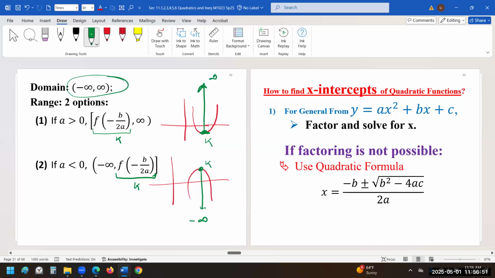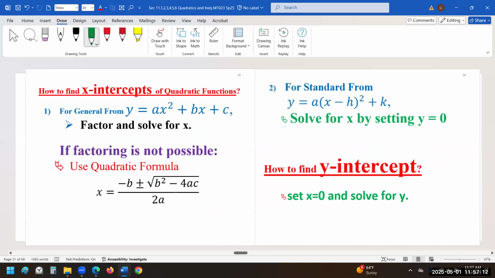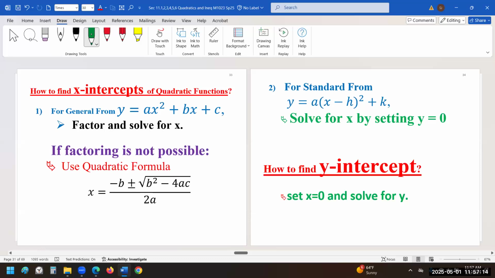Now, how do you find the x-intercept? If your format is general format, you factor and solve if it's factorable. If it's not factorable, you have two choices: use the quadratic formula or complete the square, and then solve. But if you have standard form, like this one, all you have to do is set y equals 0 and solve for x.